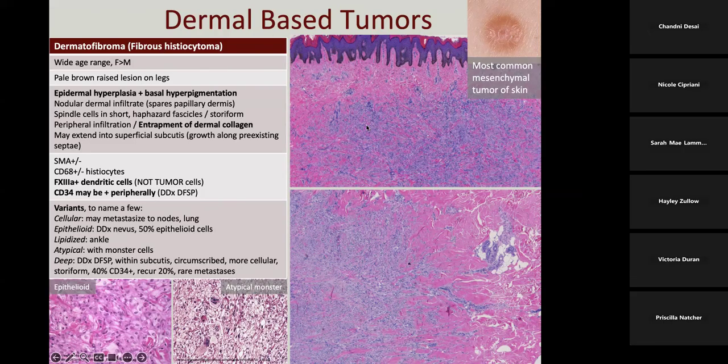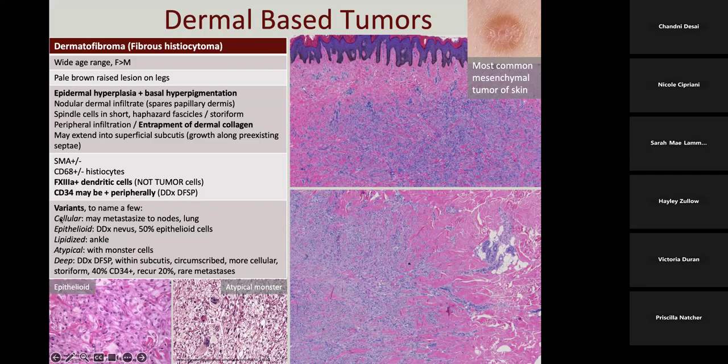Okay, so fibrous histiocytoma, dermatofibroma, raised lesion, hyperpigmented, reflective of elongated epithelium with hyperpigmentation, stromal or dermal storiform appearance with peripheral infiltration into the dermal collagen, usually CD34 negative, except for maybe little bits at the periphery.